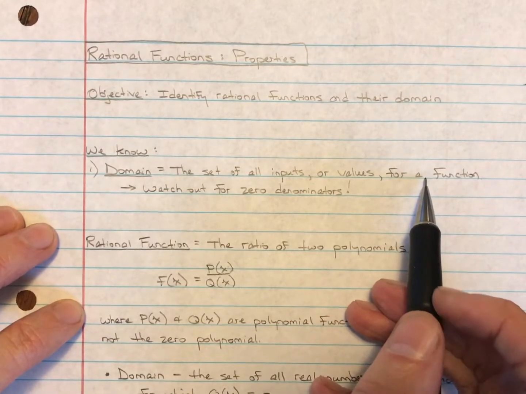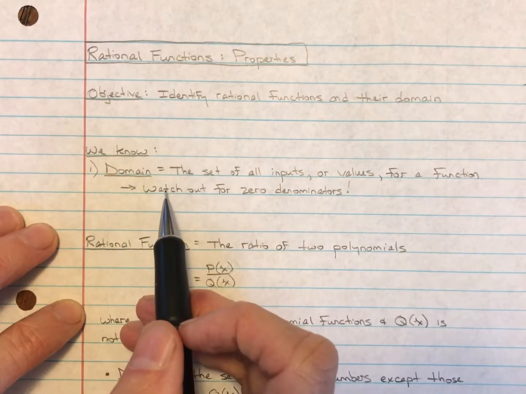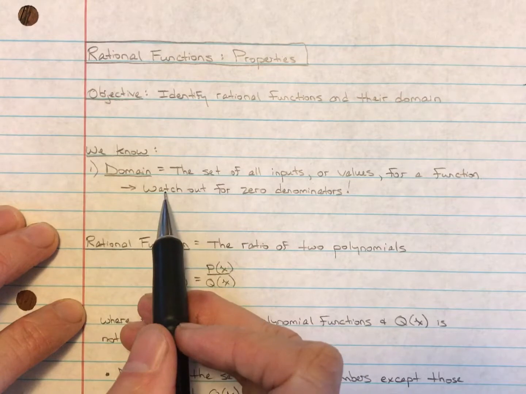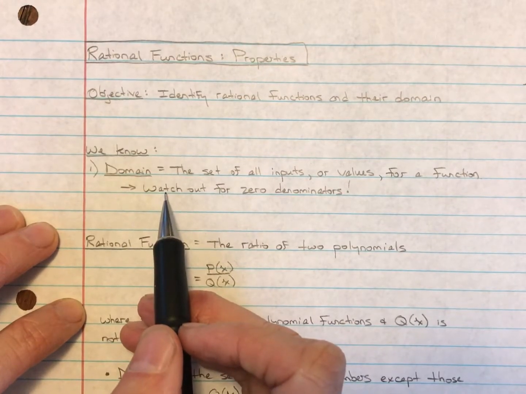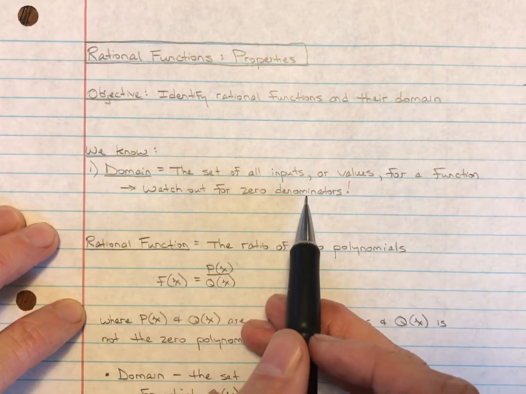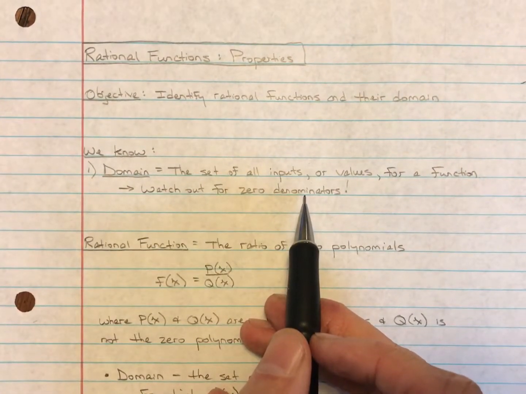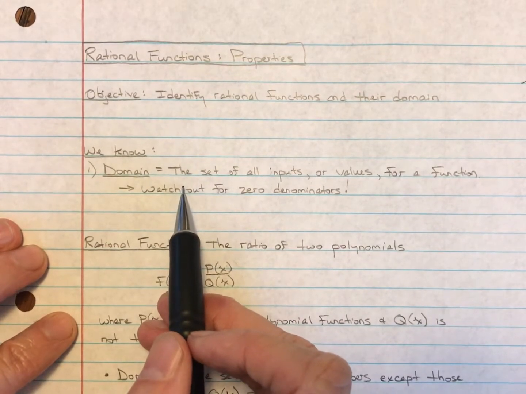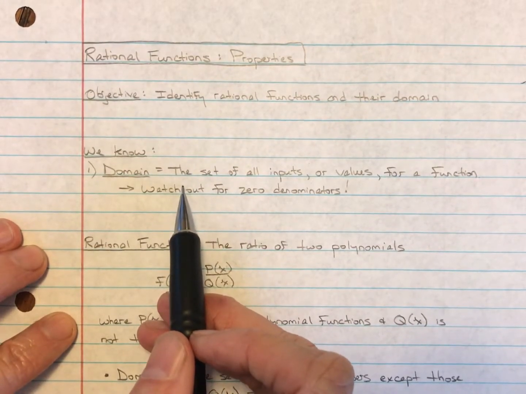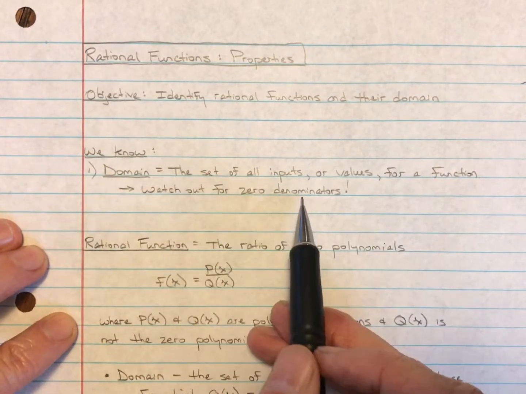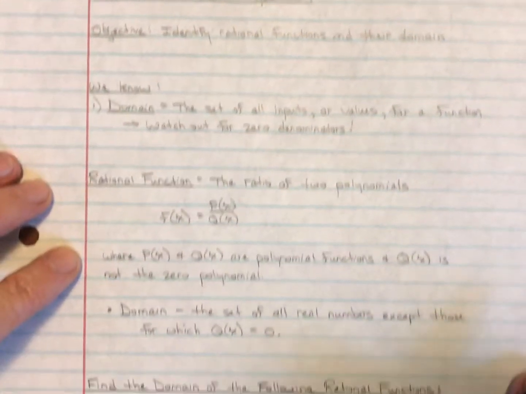Now, we've talked about domain with fractions before, and what we want to watch out for when we're dealing with fractions is zero denominators. That's going to come into play in this video lecture because a rational function will have a denominator, ratio meaning ratio, which is a fraction. So we want to watch out for zero denominators.